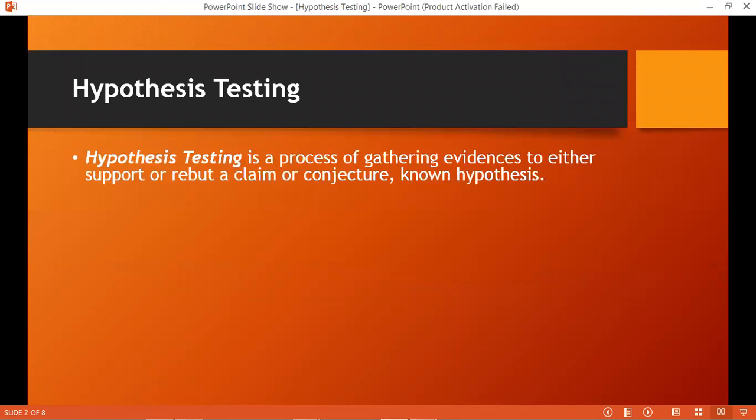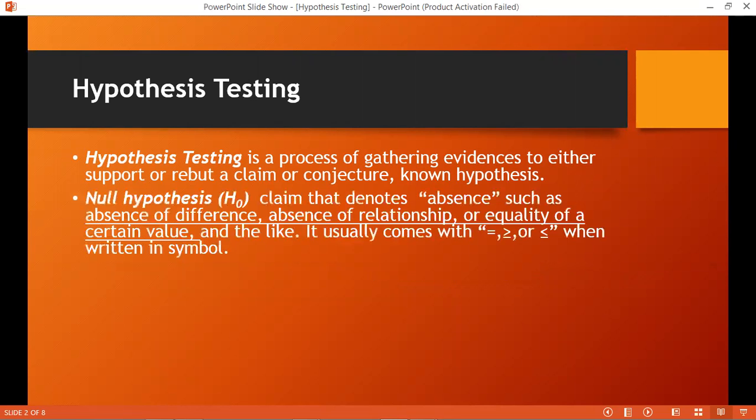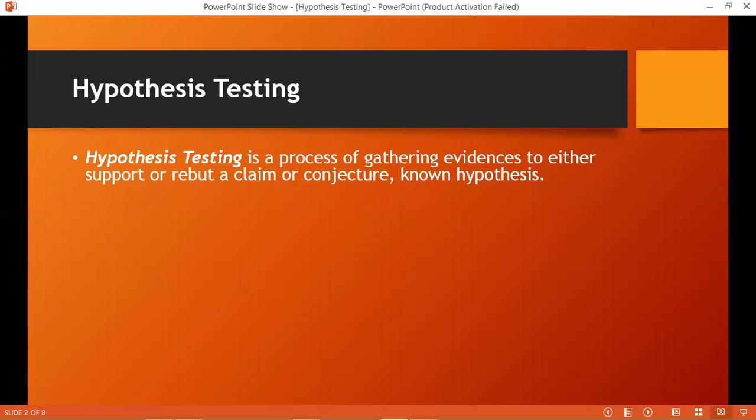Okay, hypothesis testing is a process of gathering evidences to either support or rebut a claim or conjecture known as a hypothesis. So technically, when doing hypothesis testing, of course, you must have a hypothesis. A hypothesis is your claim about something.